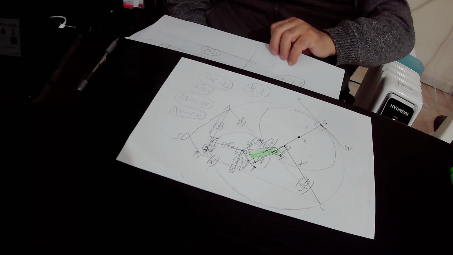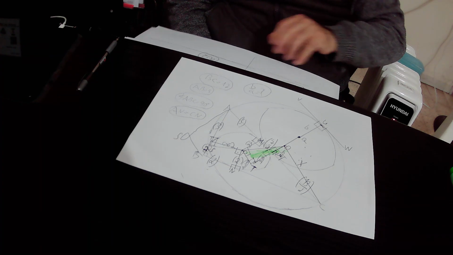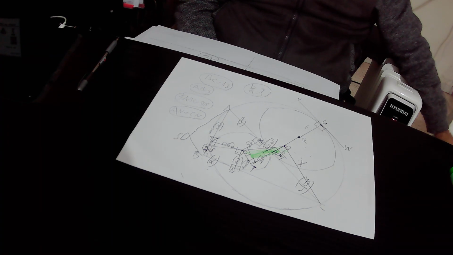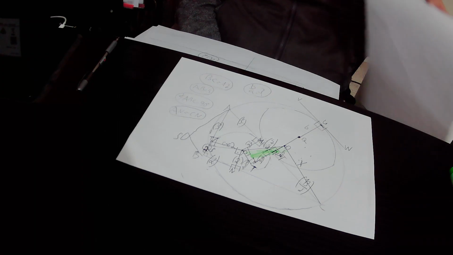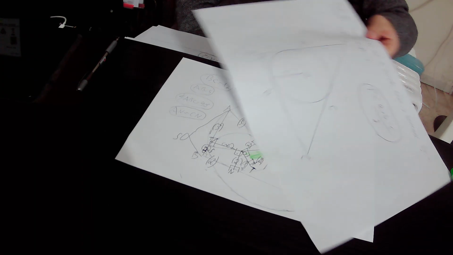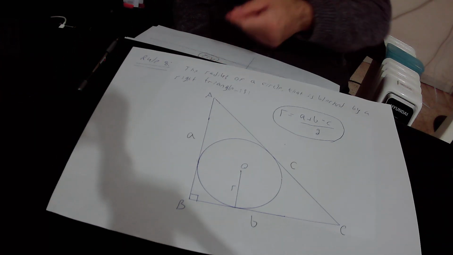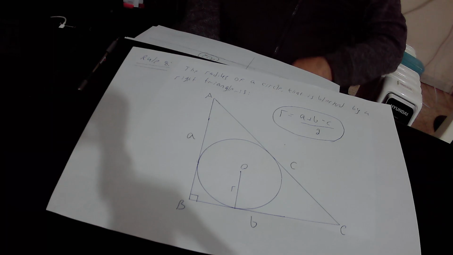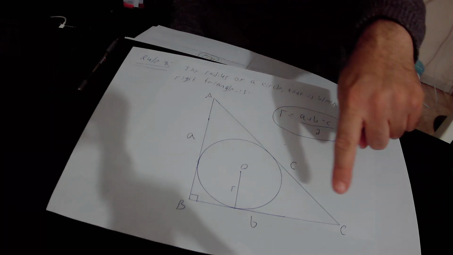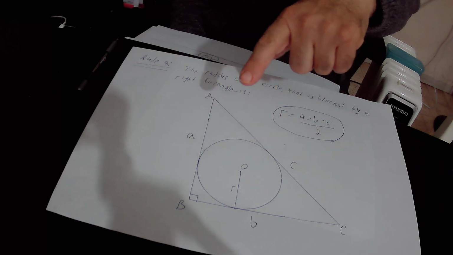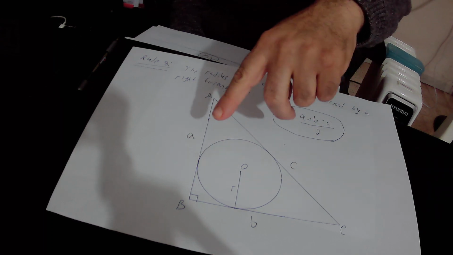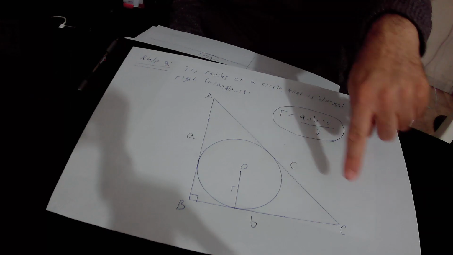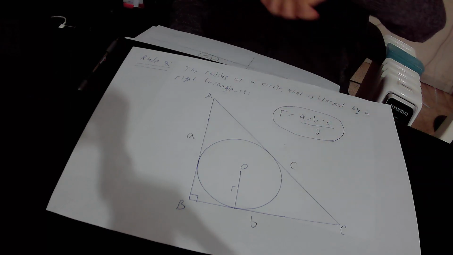In the next step, I presented to you rule number 8, and we implemented rule number 8 in our drawing. According to rule number 8, the radius of a circle that is blocked by a right triangle is equal to, here we have the right triangle ABC, angle ABC equals 90 degrees, the length of AB is A units, side BC equals B units in length, and the hypotenuse AC equals C units.